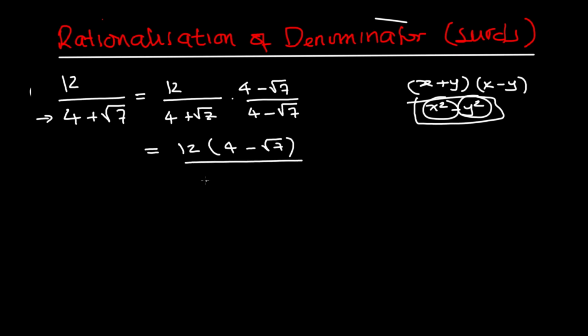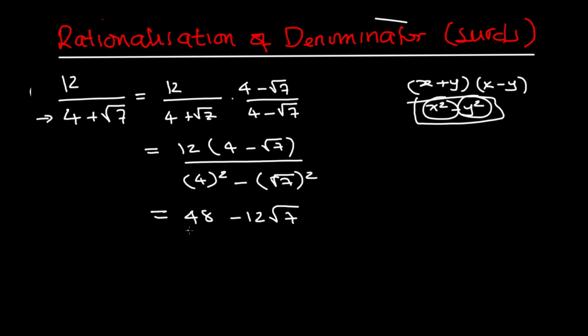Okay, and then at the bottom here, we're going to square one part, and then we're also going to square the other part. The other part is root 7 squared. So we continue on from there. This will give us 48 minus 12 root 7.